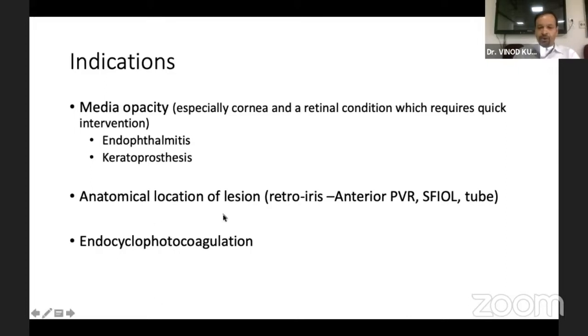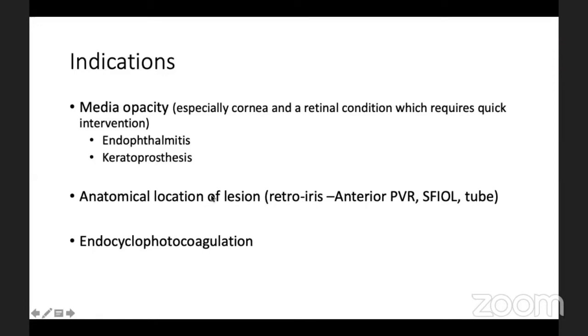For example, the retroiridial area or the anterior PVR, or when one haptic of the SFIL has dislodged and we need to refix it. These are scenarios where visualization is not good with the conventional system, and one may have to resort to endoscopic visualization.